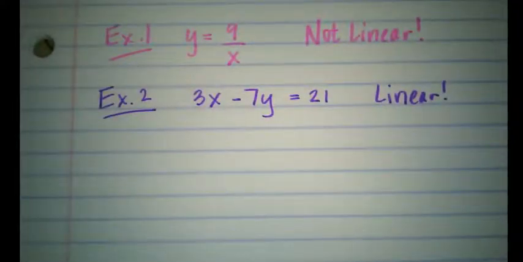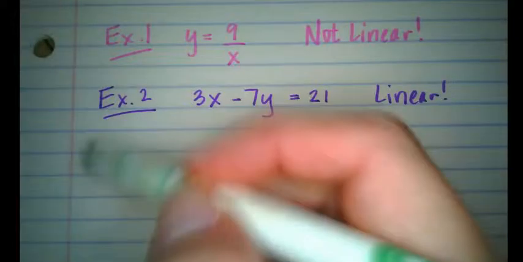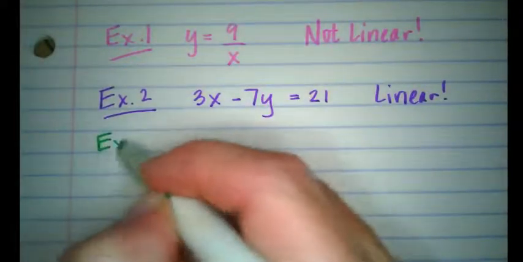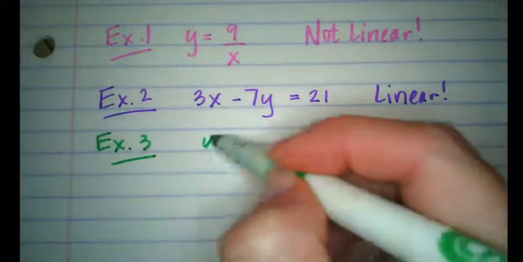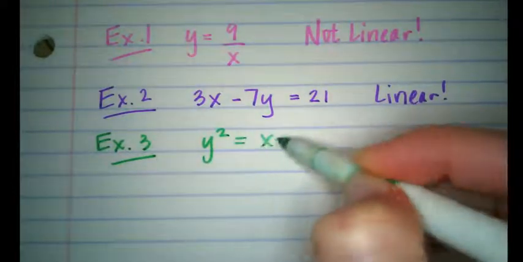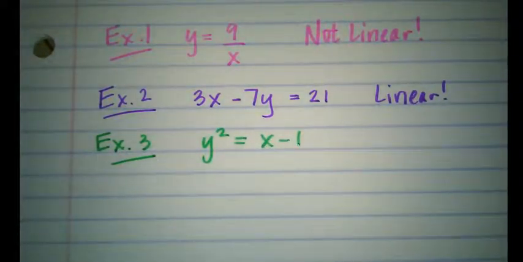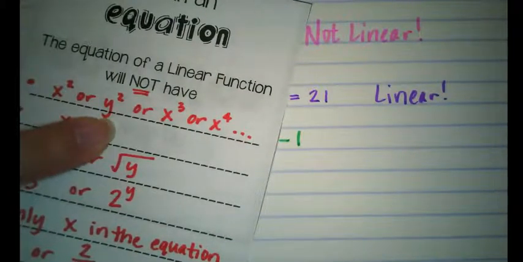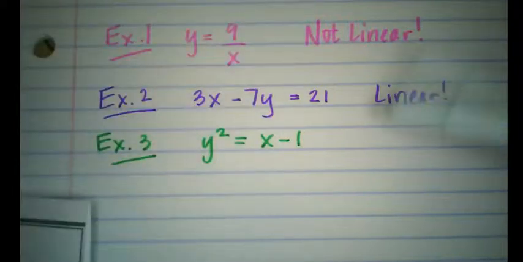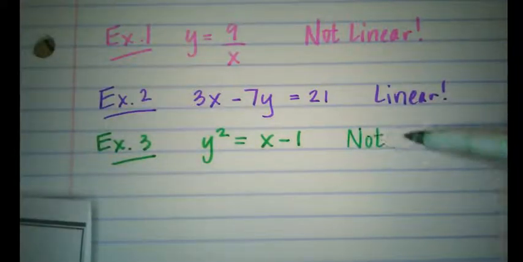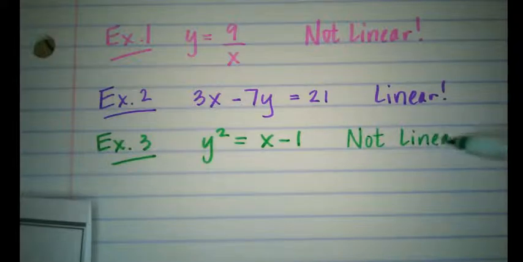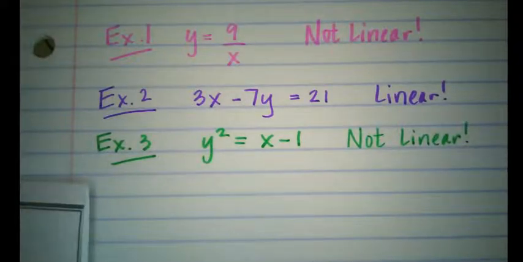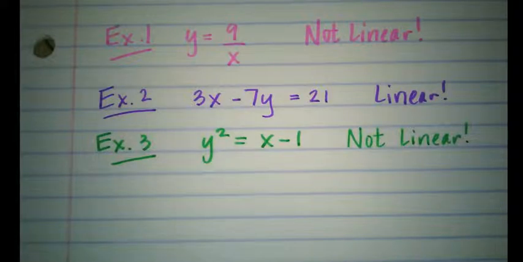All right, try another one. Example 3, how about y squared equals x minus 1? Well, if we start through the things that we can't have, I see an exponent, which is the first thing on our list of what not to have in a linear function. So I already know this is not linear. Now again, it could be a function, but it's not a linear function.